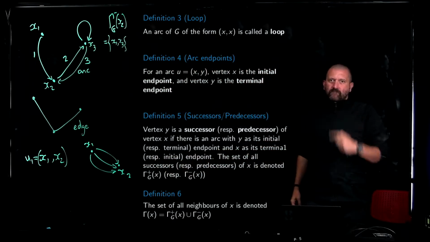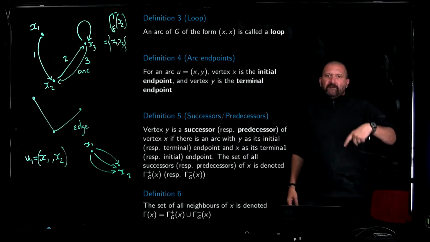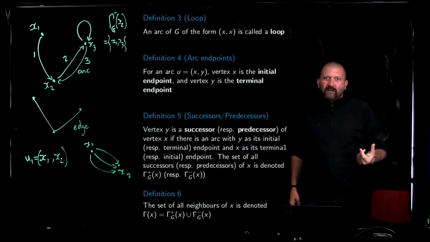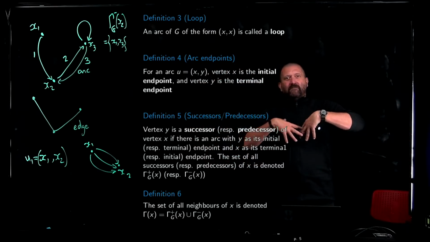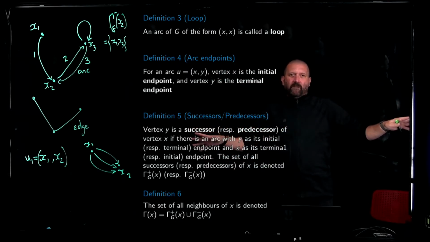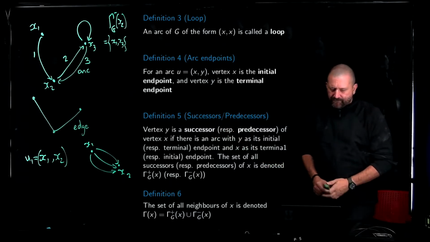Okay? And then we call neighbors of a vertex anything that is either a predecessor or a successor. Okay.